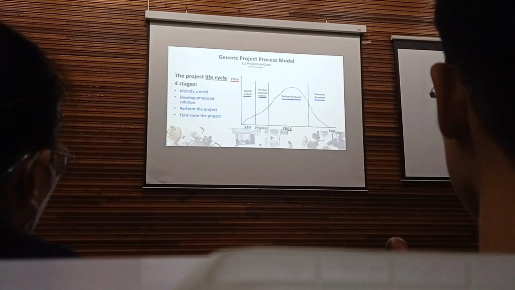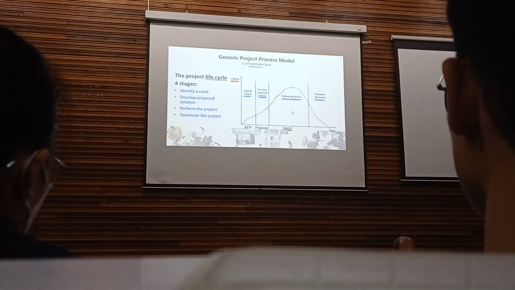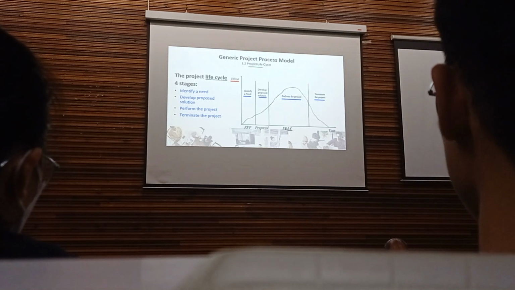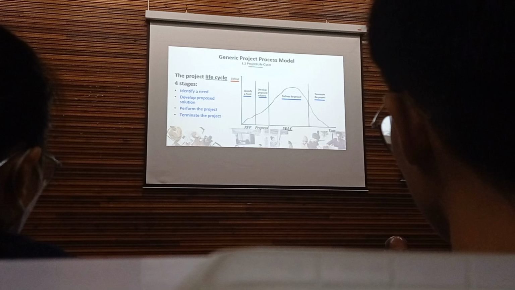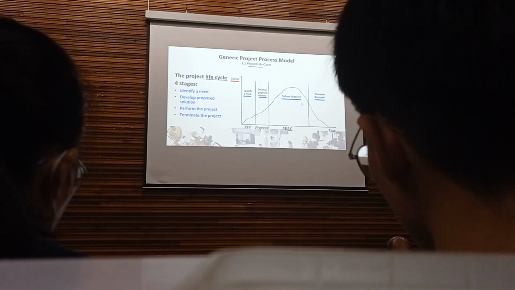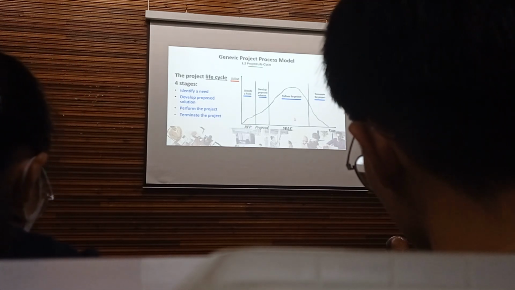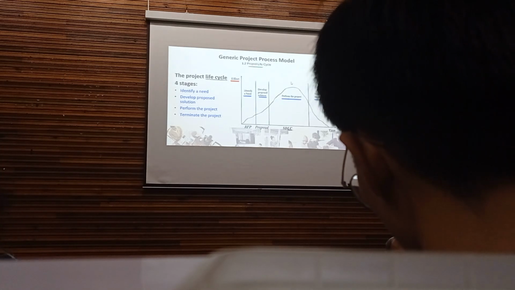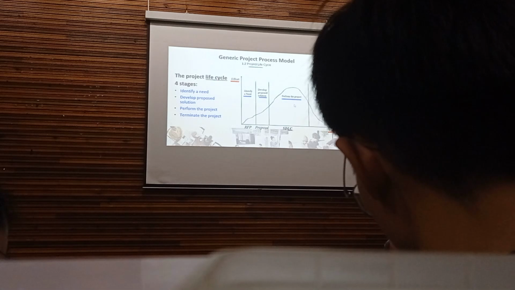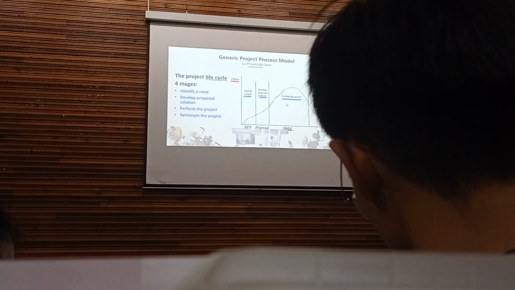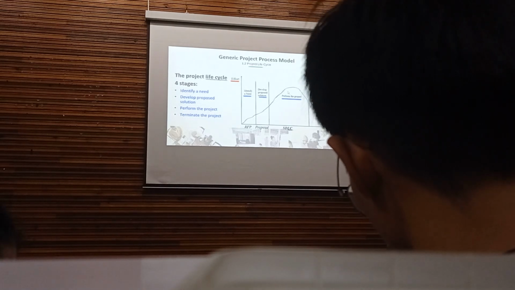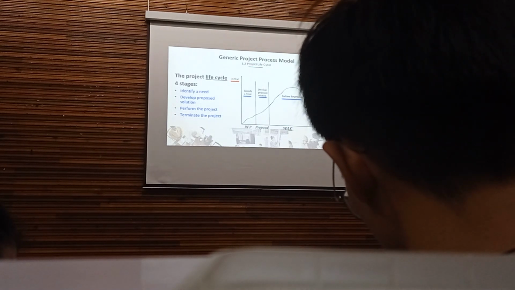In terms of effort, perform the project requires the most effort, meaning here you need the most people. A lot of people are involved here. In terms of time, stage 3 also consumes the most time compared to the other 3.